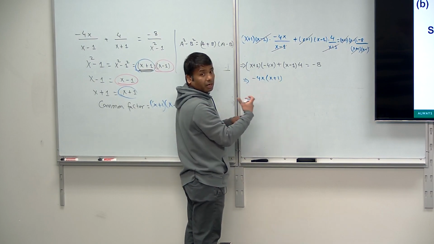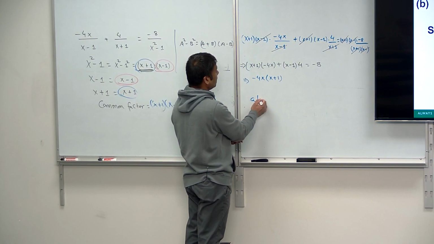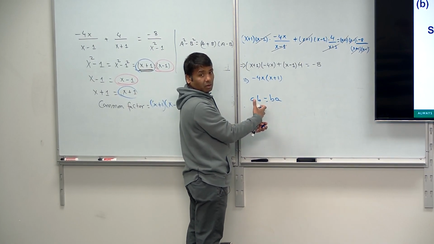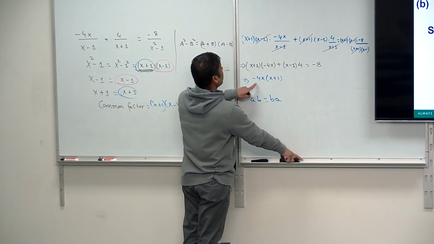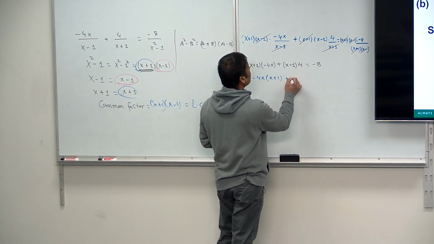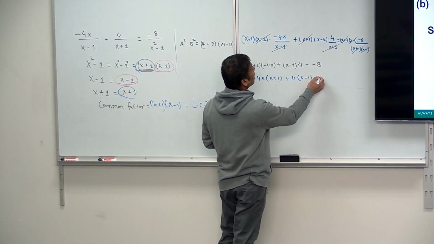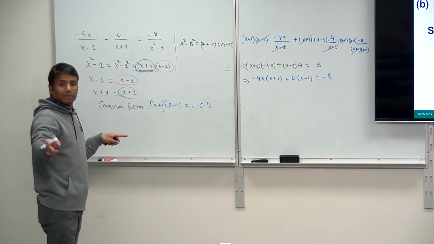Is that right? Because they commute, right? A times b is the same as b times a. You know that, right? Commutative property. So negative 4x times x plus 1 plus 4 times x minus 1 equal to negative 8. Is that right?